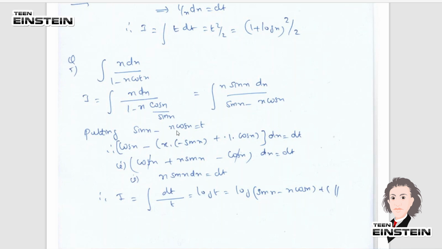What is the product rule? Are you listening? What is the product rule? Differentiation of uv is u differentiation of v plus v differentiation of u.